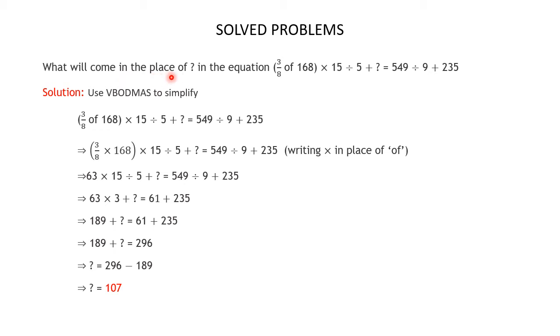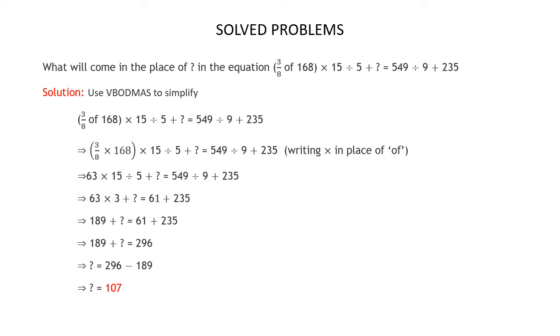What will come in the place of the question mark in the equation 3 by 8 of 168 multiplied by 15 divided by 5 plus question mark is equal to 549 divided by 9 plus 235. Now, to simplify this equation, you have to use BODMAS.